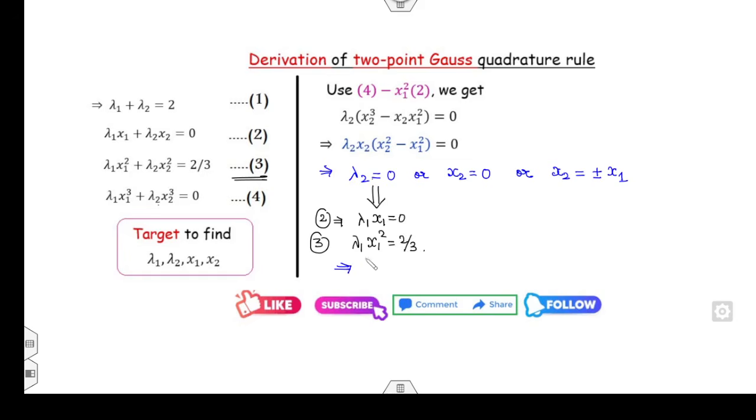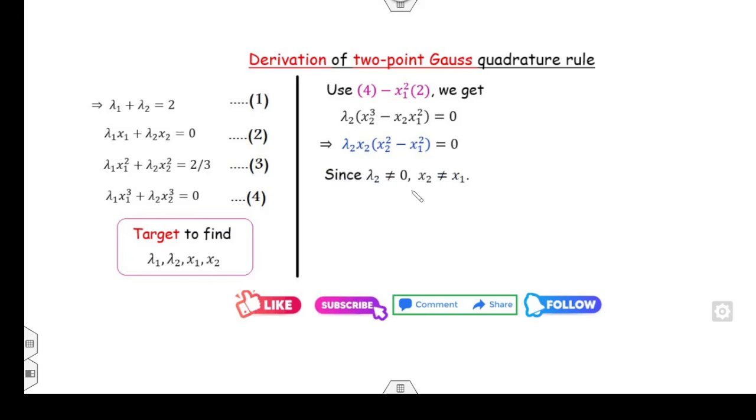From equation number 1 we get lambda 1 equal to 2. And when lambda 1 is 2, from equation number 2 we get x1 equal to 0, and once x1 is 0, that contradicts equation number 3. So lambda 2 equal to 0 is not possible.